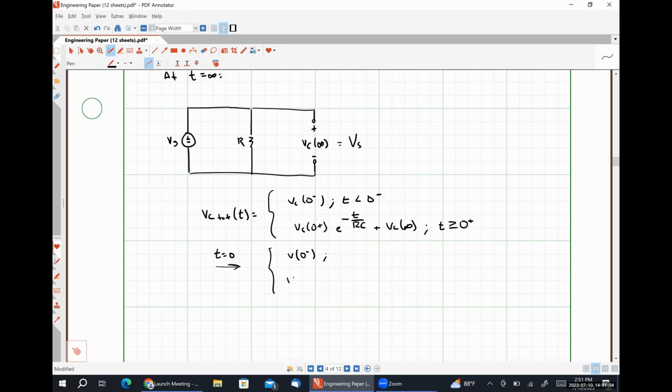And then we're going to have VC at 0 plus times e to the 0, which is 1, plus VC at infinity. So this is what's going on at t is equal to 0 minus, and this is what's going on at t is equal to 0 plus. Which is physically impossible. Exactly right.